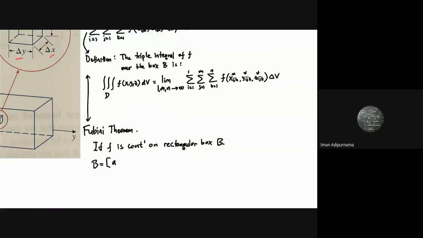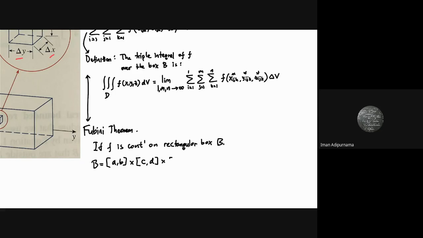Then we can set up the integrations. Let's say we have dx, dy, dz, so we can write from R, S, and then C, D, and then A, B. And then we can reverse the order.